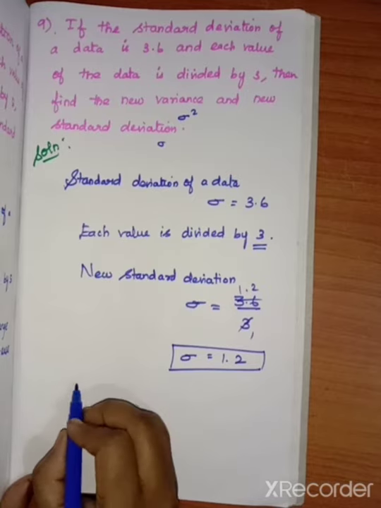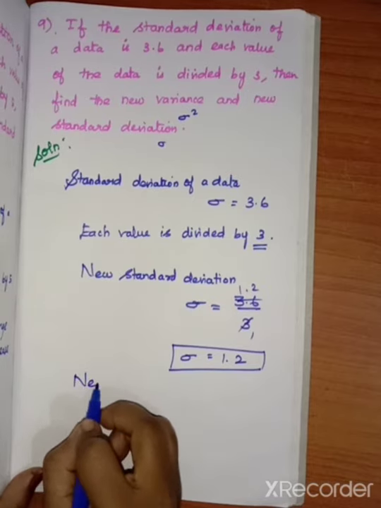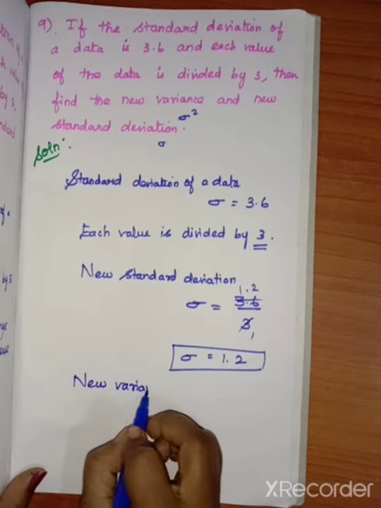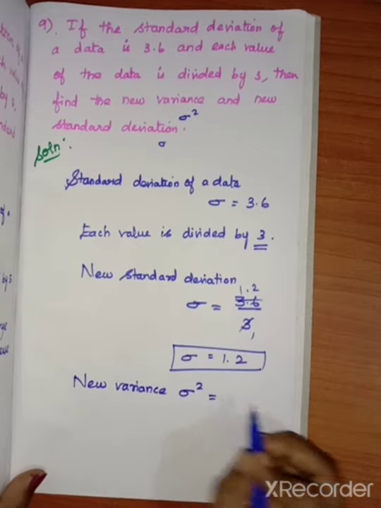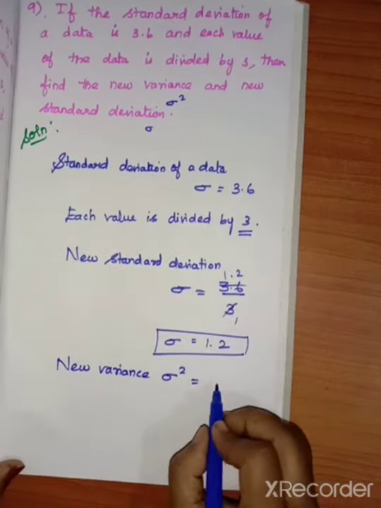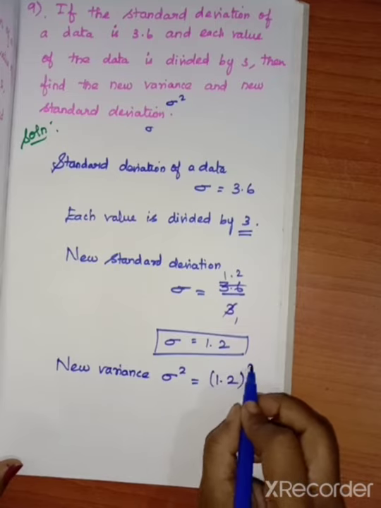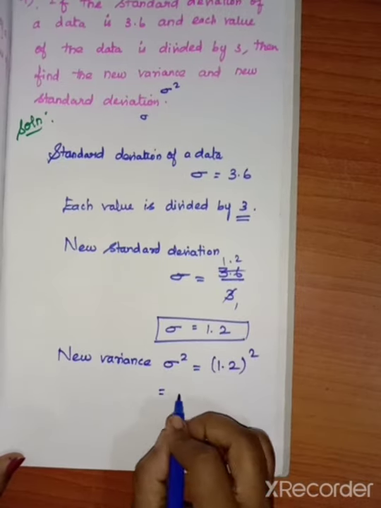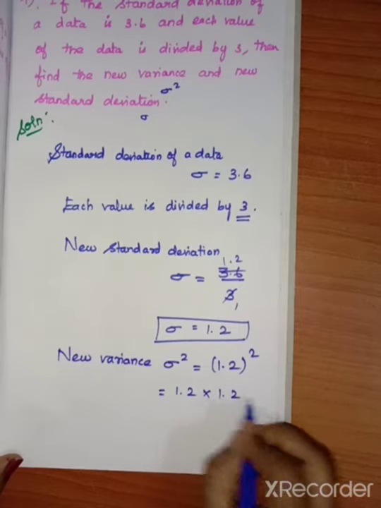Then we want to find the new variance. New variance, that is sigma squared, so we want to square the term. So 1.2 the whole squared, that means 1.2 into 1.2.